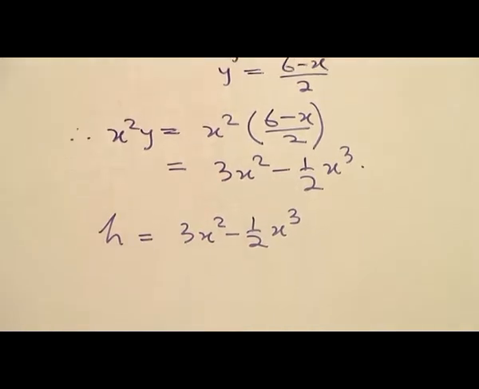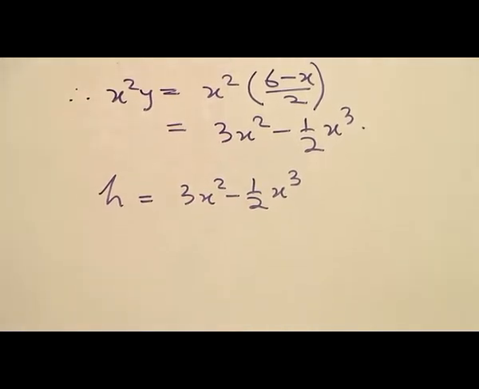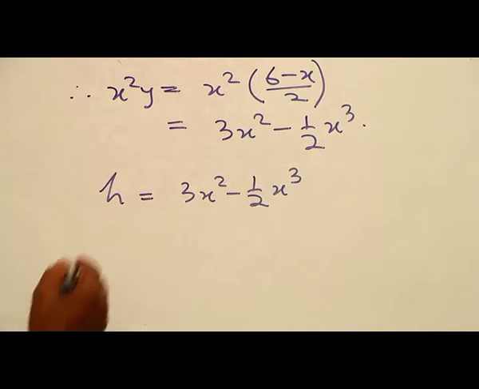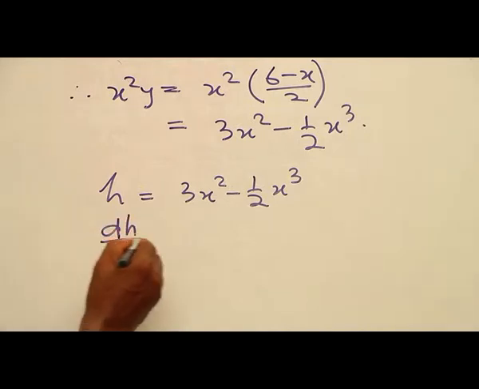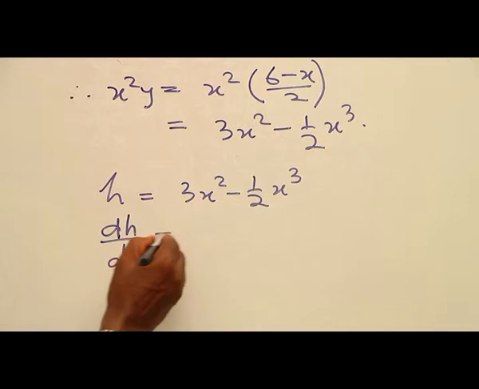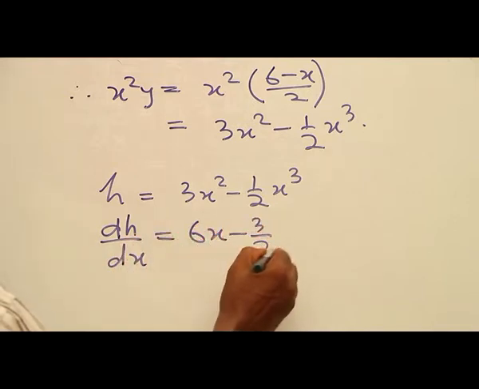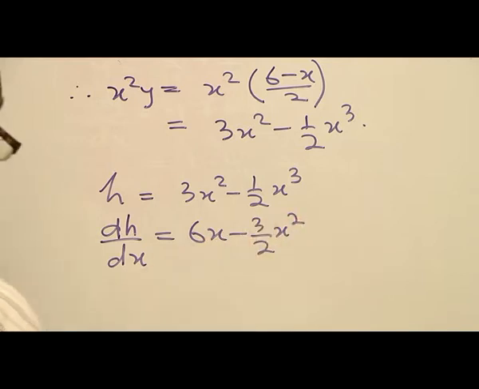To find the greatest value, we first of all find the greatest point. Greatest here is synonymous with the maximum value. So we have dh over dx equal to 6x minus 3 over 2 x squared.